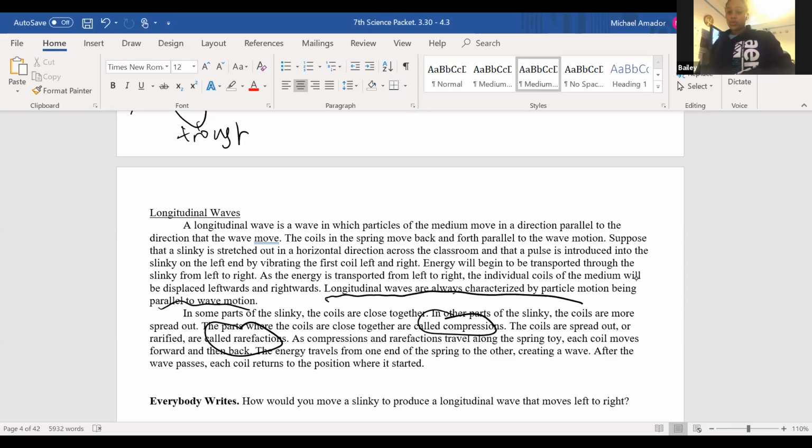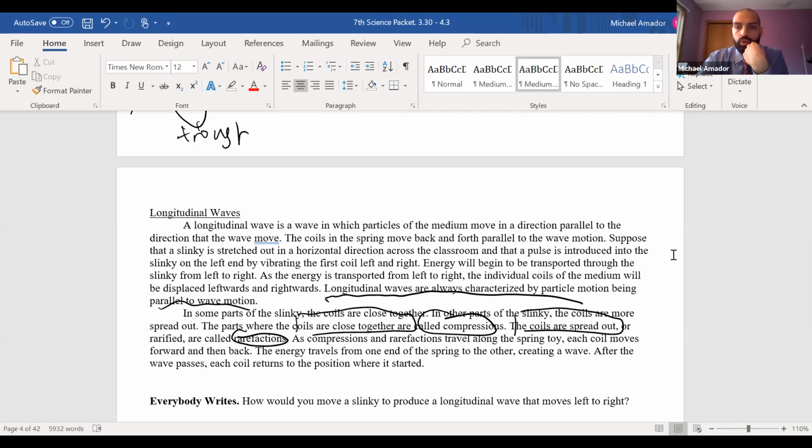Rarefactions, yes. Very good. As compressions and rarefactions travel along the string toy, each coil moves forward and back. The energy travels from one end of the spring to the other, creating a wave. After the wave passes, each coil returns to the position where it started.